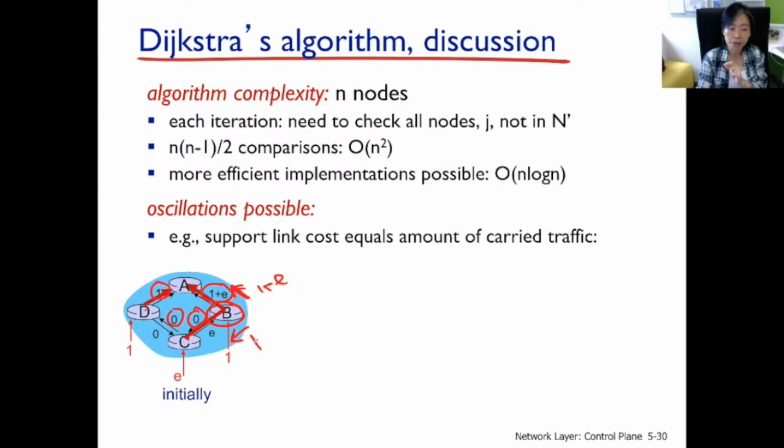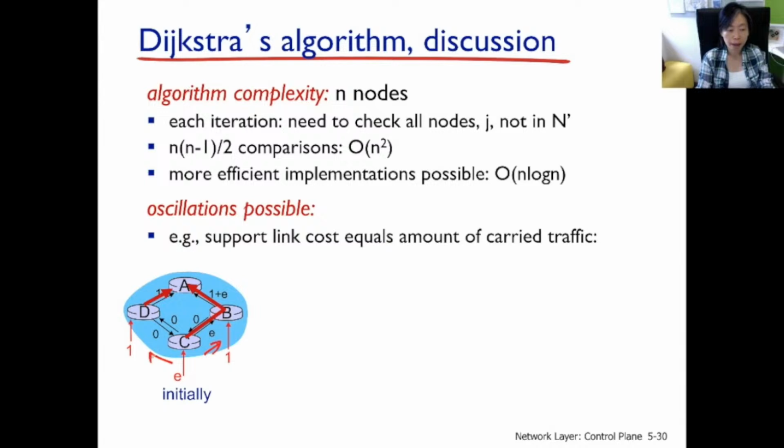Okay, so if we take the clockwise path, to go from B to A, cost is only 1. And this is 1 plus E, therefore B is going to choose to go this way, to send traffic to A.